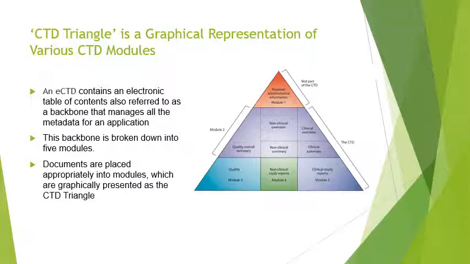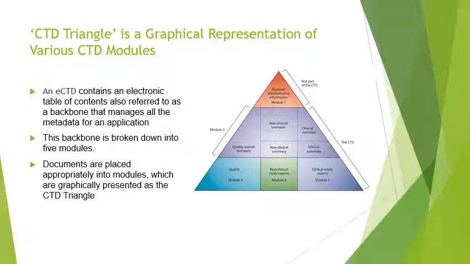So now what is a CTD triangle? CTD triangle is a graphical representation of the internal structure of the CTD or ECTD. Internally it is divided into 5 modules, and its various sections are called the backbone, which manages all the metadata for an application.